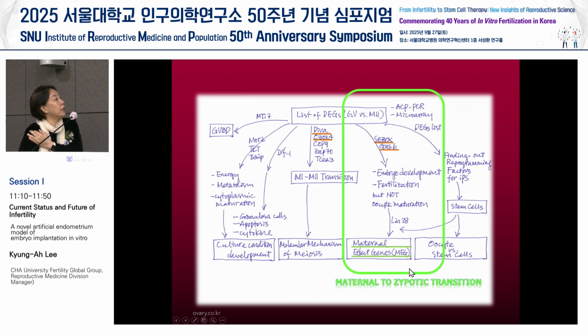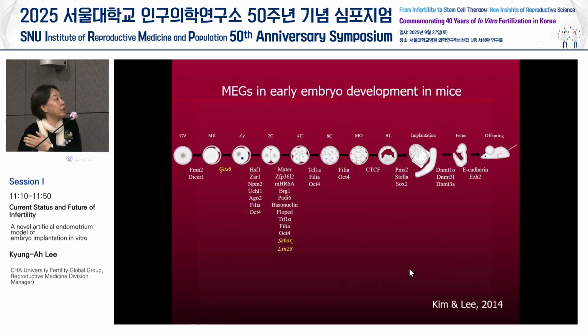We added CBOX and Cas6. CBOX and Lin28 are genes without which embryos cannot develop from 2 cell to 4 cell. And as I introduced, without Cas6, oocytes cannot develop as a zygote.